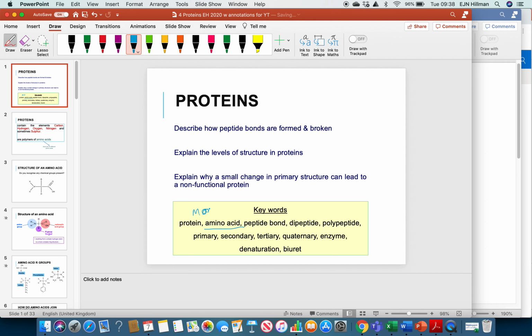So these are the repeating units that make up a protein, and between those amino acids we get the formation of peptide bonds. So bonds that form between the amino acids. I'm going to use that little abbreviation a few times today. These other keywords will become more familiar to you as we go through the video.